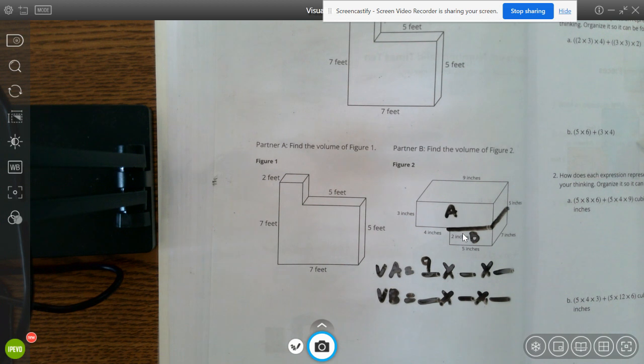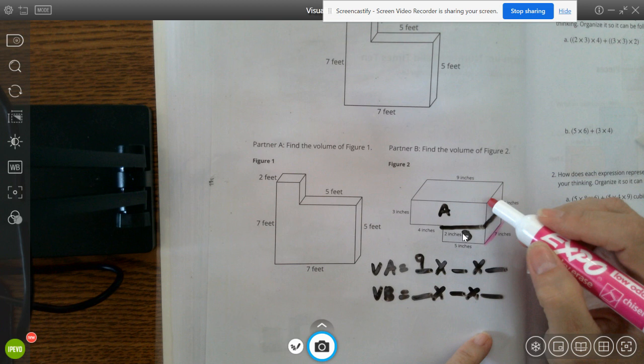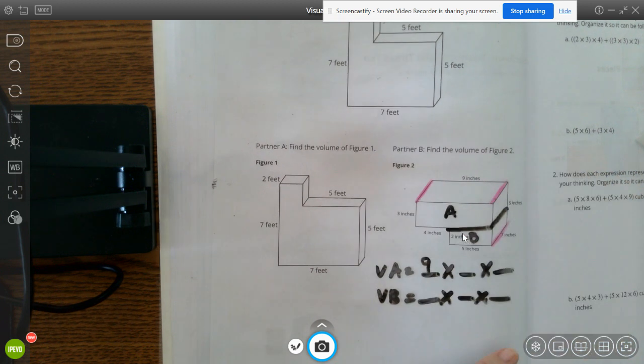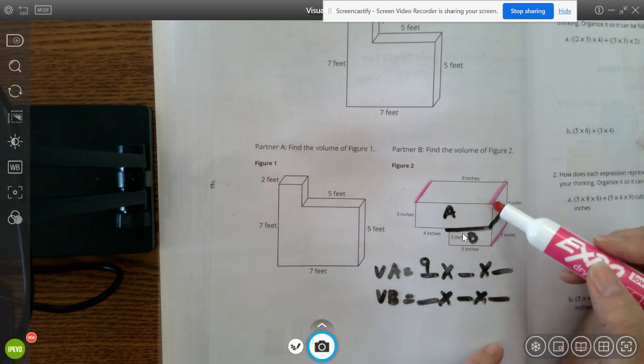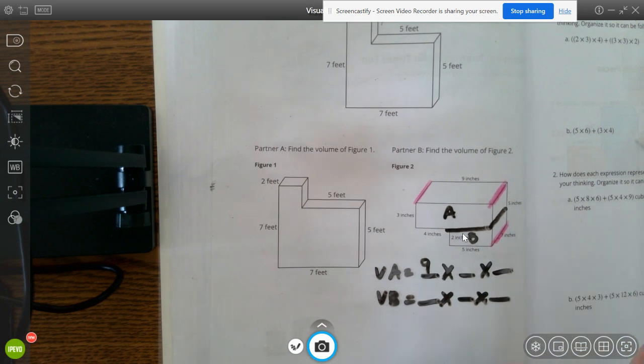My diagonal here is the same as the diagonal here, and it's the same as the diagonal here. All of those diagonals are all 7. They're all the same amount. So when I'm looking for the back for this one, yeah, I had to look down here, but they're the same amount. So my back is 7.